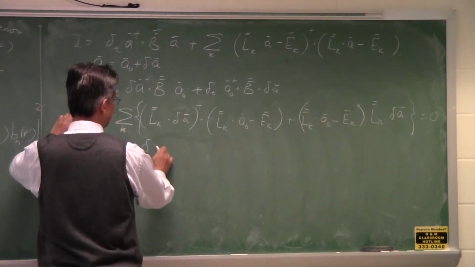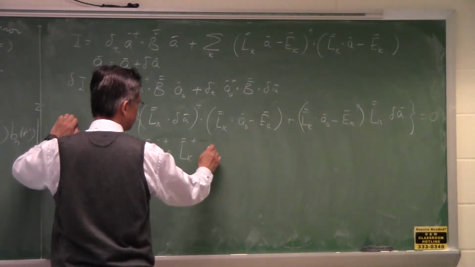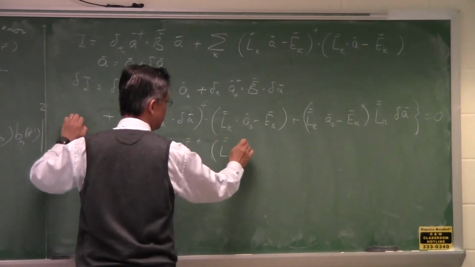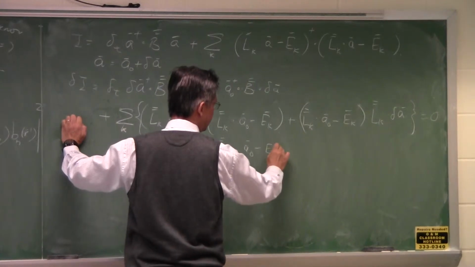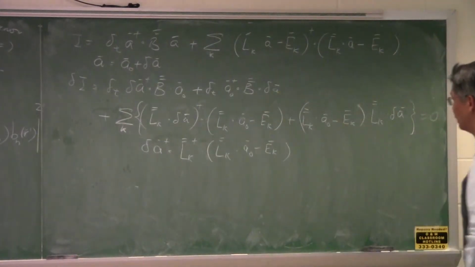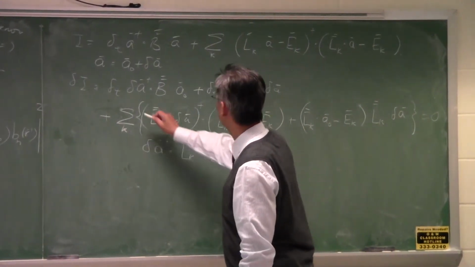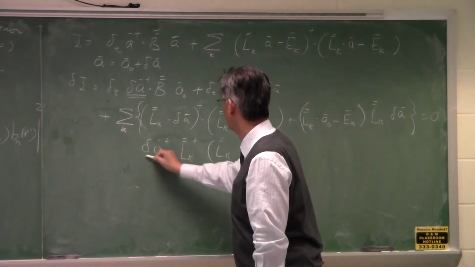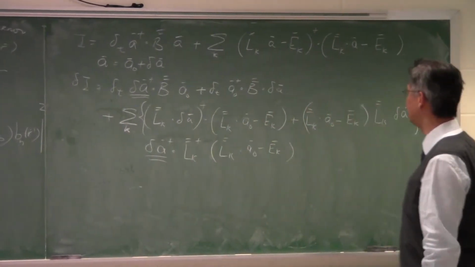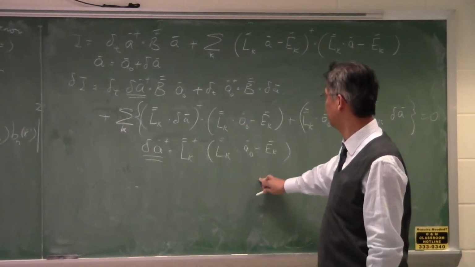Okay, this is delta A conjugate transpose dot Lk dot A naught minus Ek. I can write this as such. I can do the same thing to the other one. But if I collect all terms with delta A conjugate transpose, they must cancel each other. So this term must cancel this term over here.